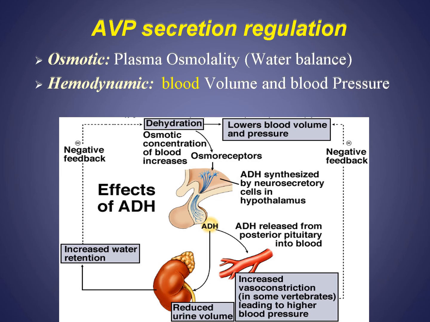This decrease in blood volume, followed by decreased blood pressure because of lost blood, will stimulate AVP secretion to do both vasoconstriction of blood vessels to raise blood pressure again and stimulate water reabsorption from renal tubules to increase blood volume again, aiming at maintaining effective plasma volume and pressure.